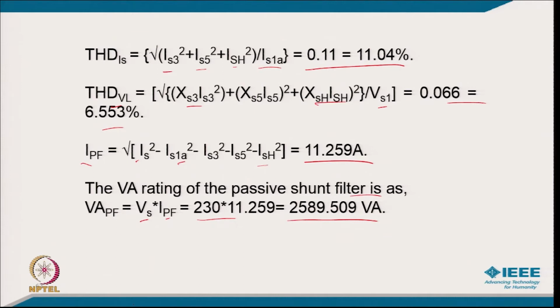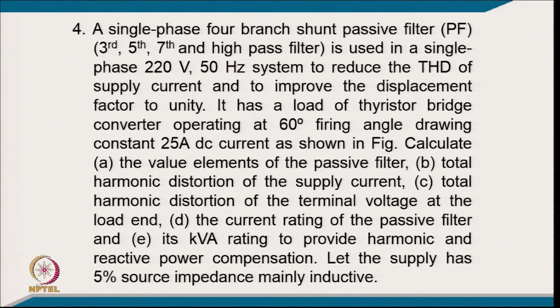2589.509 VA. Coming to example 4: a single phase 4 branch passive filter, with third, fifth, seventh and high pass filters, is used on a single phase 220 volt 50 hertz system to reduce the THD of the supply current and to improve the displacement factor to unity. It has a load of a thyristor bridge converter operating at 60° firing angle, drawing constant 25 ampere DC current as shown here.